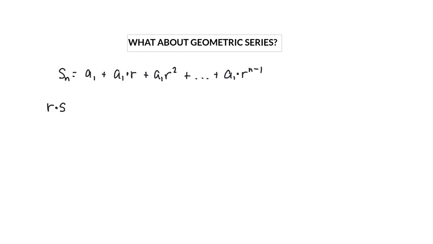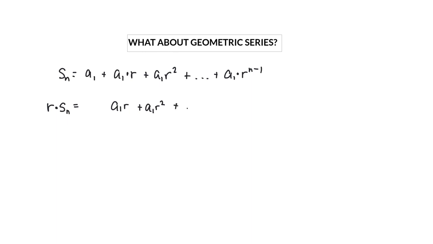On the left-hand side, I'd just get r times S sub n. On the right-hand side, instead of a sub 1, I would have a sub 1 r. Instead of a sub 1 r, I would have a sub 1 r squared. Each of the terms from above are getting multiplied by an r here.